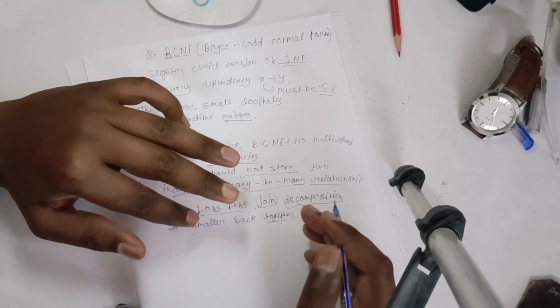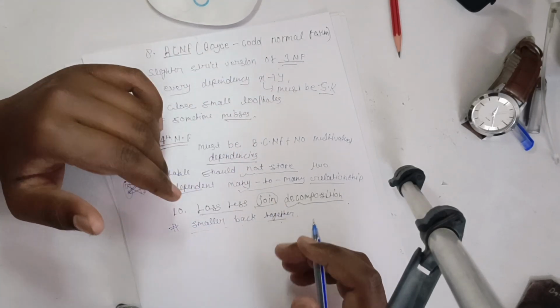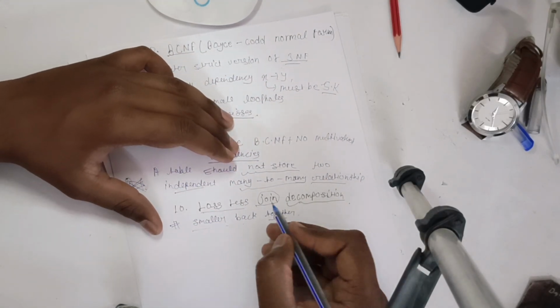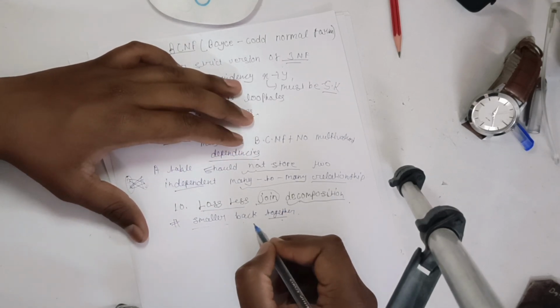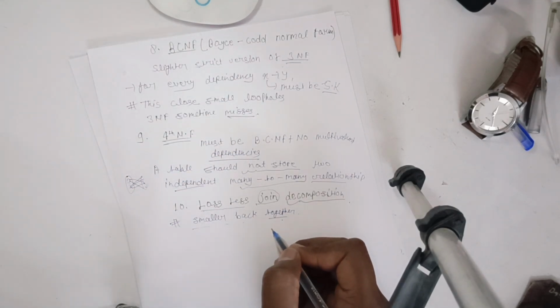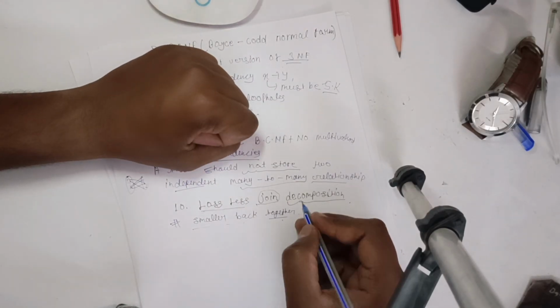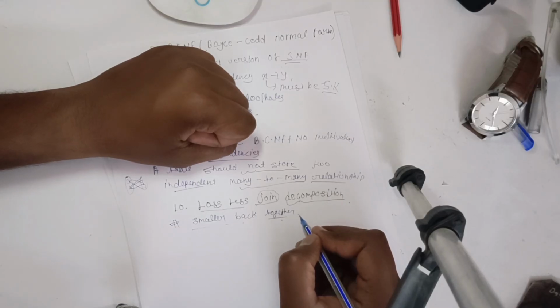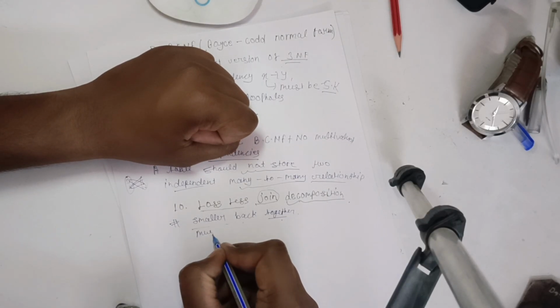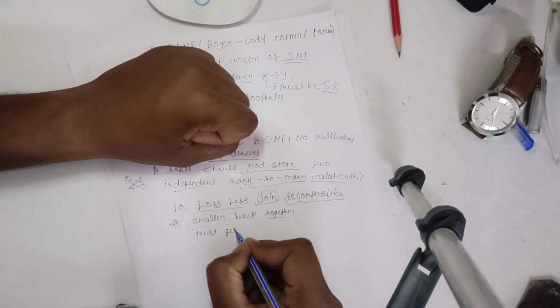Join means merging two tables to get information. I will let you know what join is.